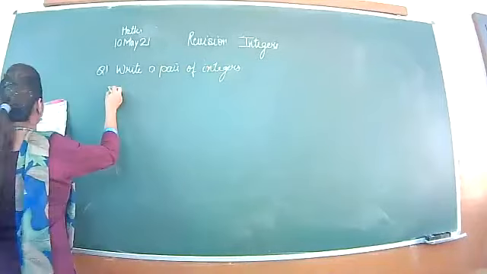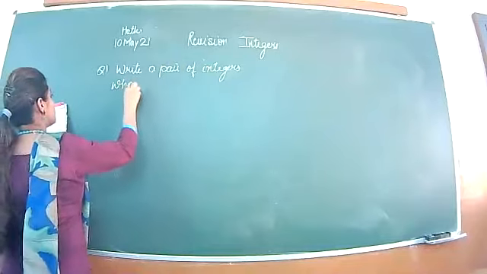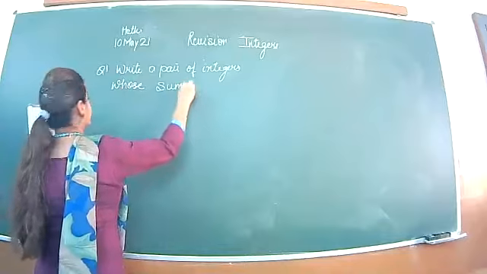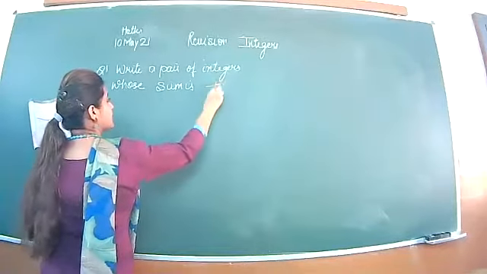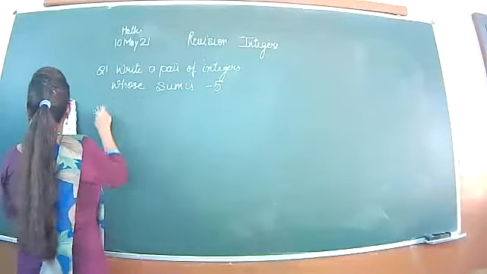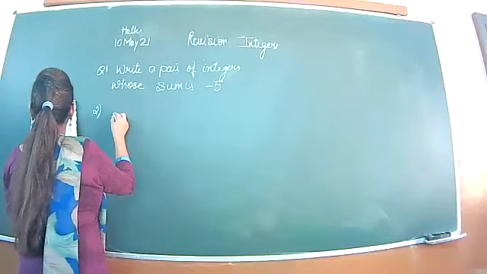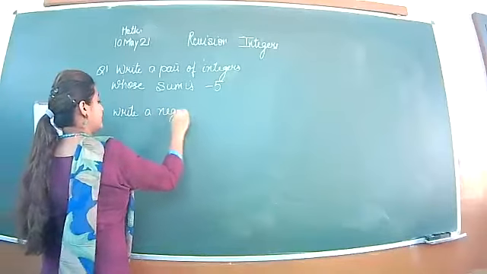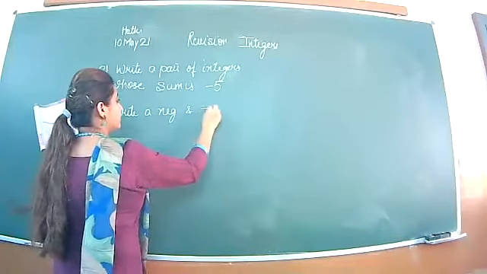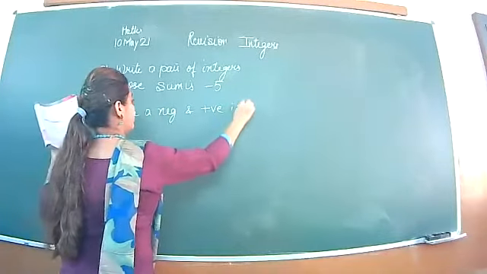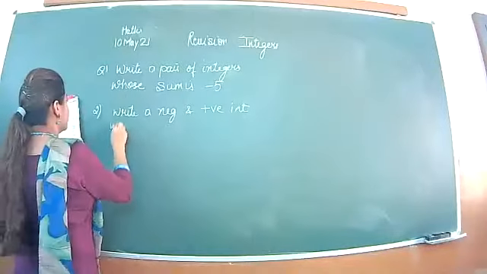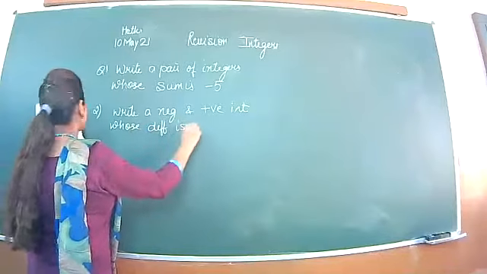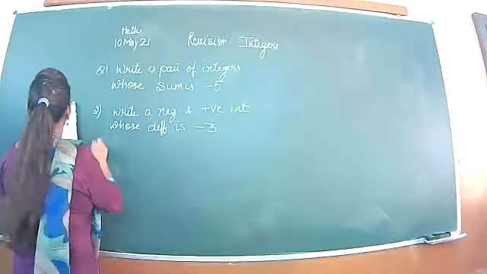Write a pair of integers whose sum is -5. Number 2, write a negative and a positive integer whose difference is -3.